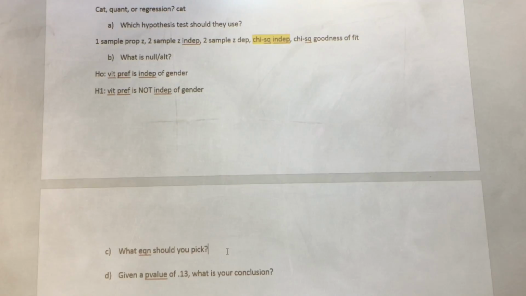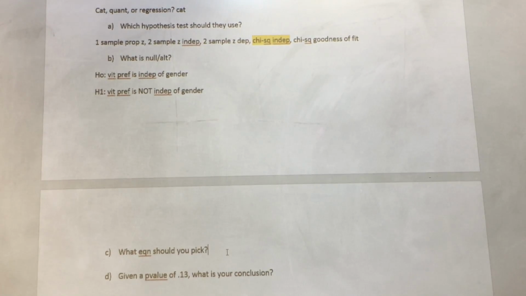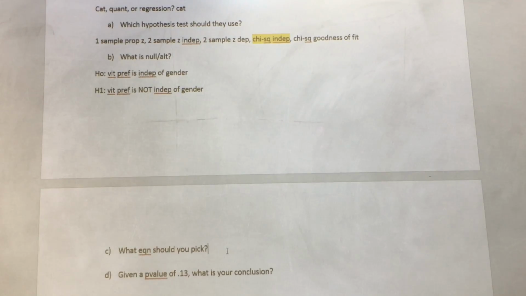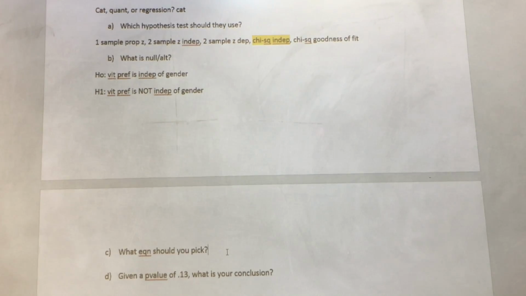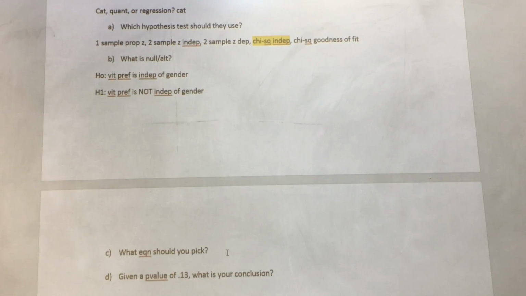So, what equation should you pick for a chi-square independence test? Yeah, you can look it up. Obviously, I'll give you a formula sheet for that. The sum of observed minus expected squared over expected.